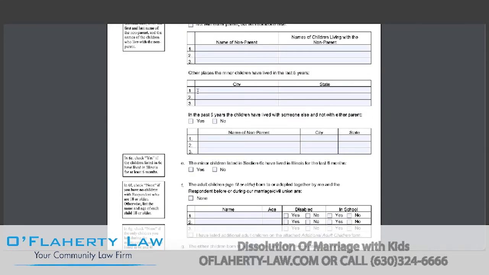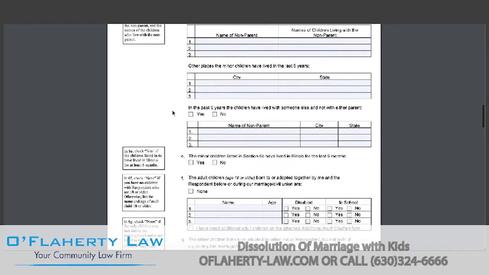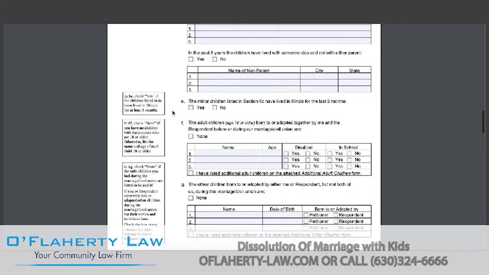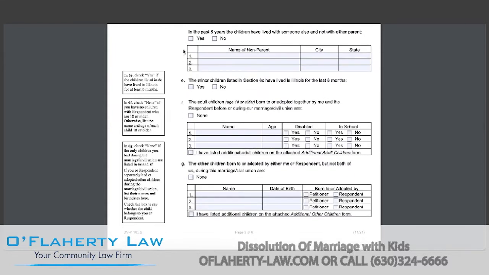Here you will want to add any residences in which the children have lived in the last 5 years. You will want to note if in the past 5 years the children lived with anyone else besides you and your spouse. Fill in the name of the non-parent and the city and state in which they lived.